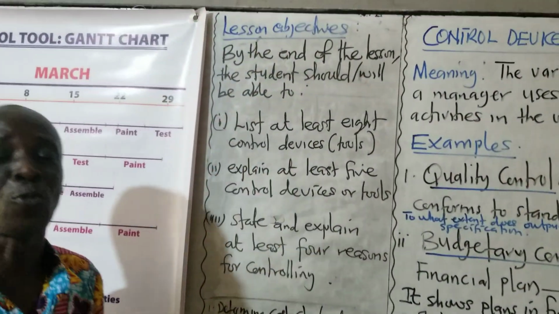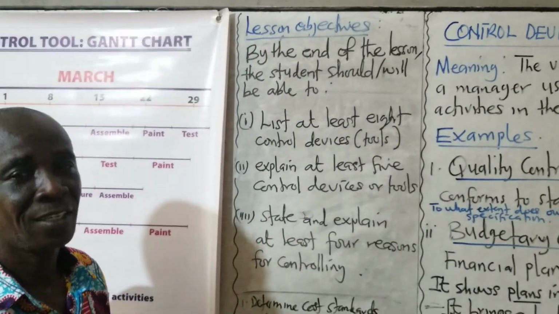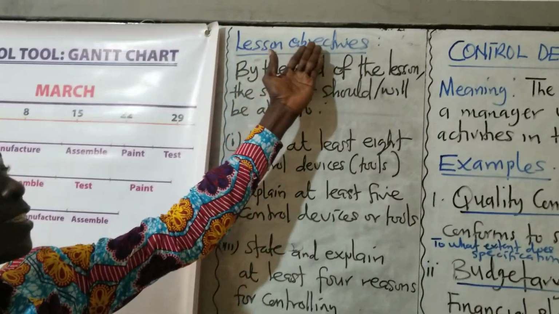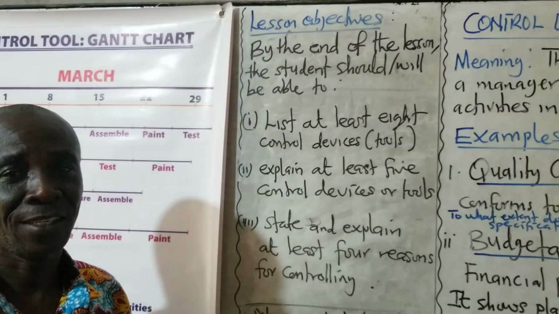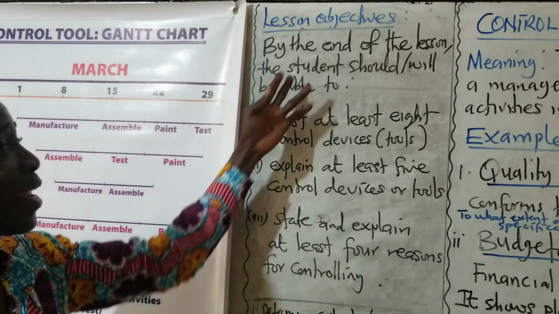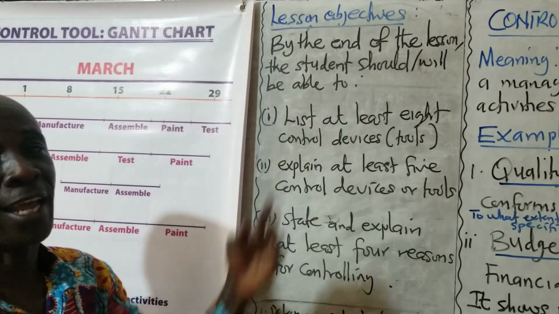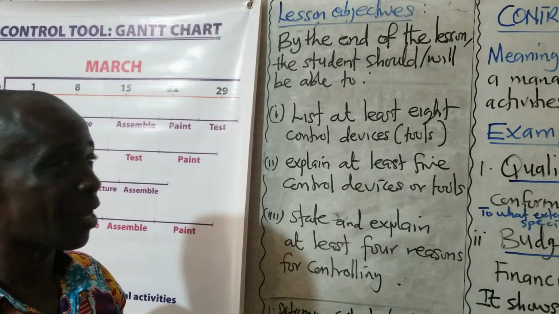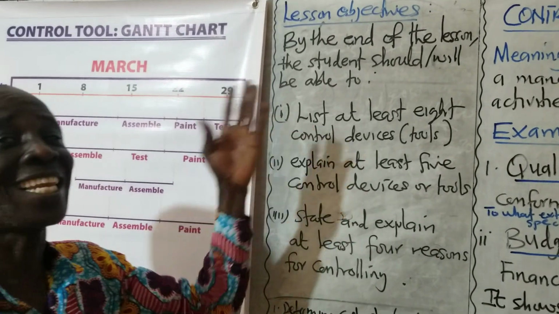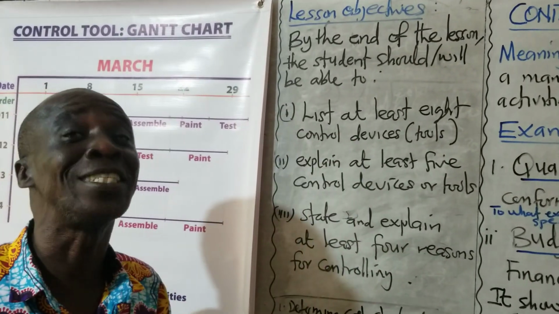By the time we finish with today's lesson, so that is the lesson objectives. The first thing is that by the end of the lesson, the student, that is you, will be able to list at least 8 control devices.